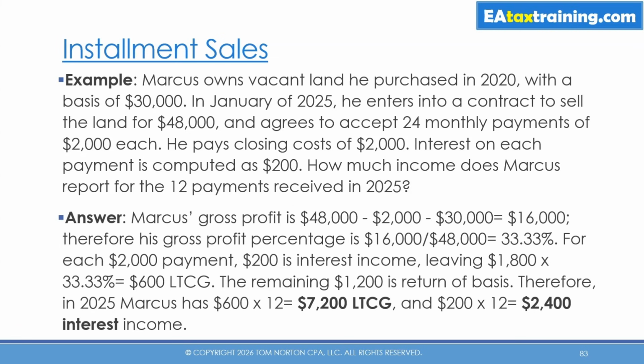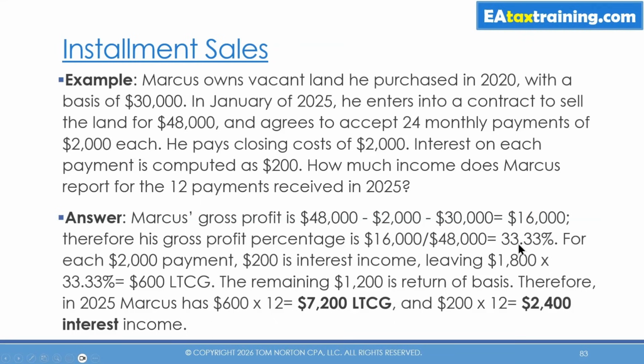So here's the answer. First, let's compute his gross profit. His gross profit is the sales price, $48,000, minus costs of sale, which is $2,000, minus his basis, which is $30,000. So that equals $16,000. Therefore, his gross profit percentage is $16,000 divided by the $48,000 sale price, which is 33.33%.